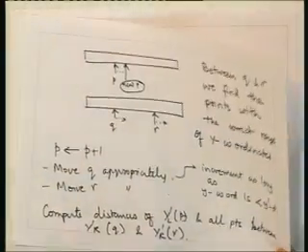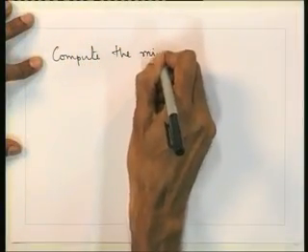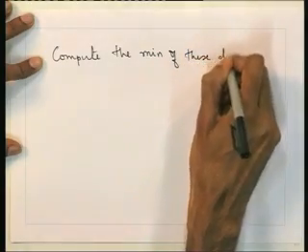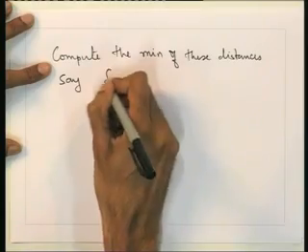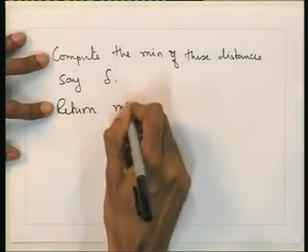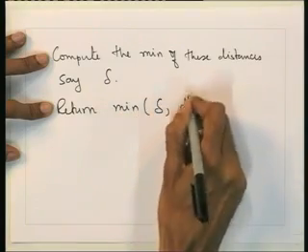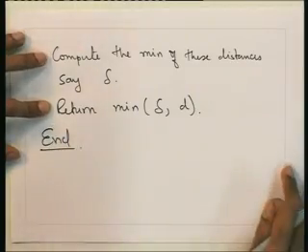Then this is the generic step in the loop. Put this in a loop, and once you are done, you found these distances, compute the minimum. So the last step is compute the minimum of these distances. Say it's some delta, then return the min of delta and d, and that ends the algorithm.